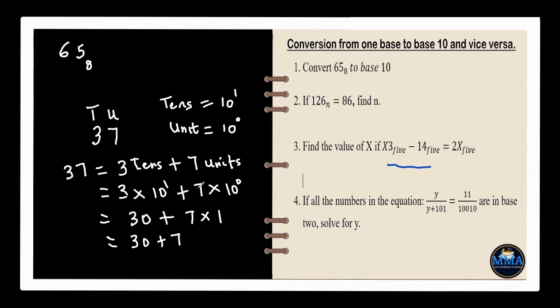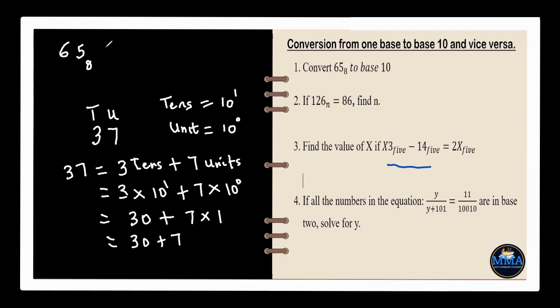Now, it is this idea that we are going to use across different bases, especially when we are converting them to base 10. We are going to use the place value system to do this conversion. So now, if we look at 65 base 8, it means that this 6 occupies the position of 8 raised to power 1, whereas the place value of this 5 is 8 raised to power 0.